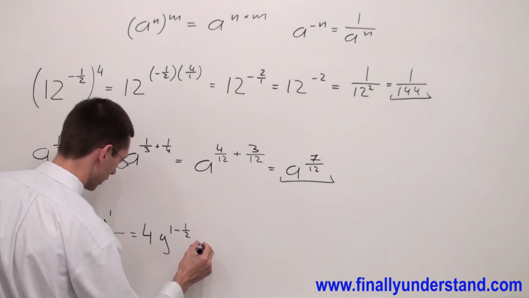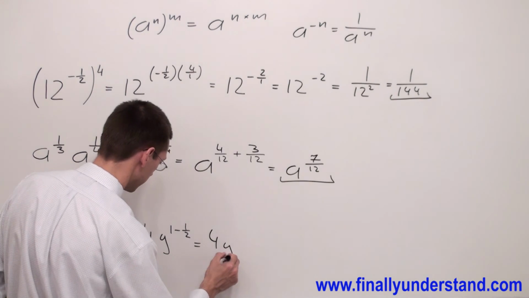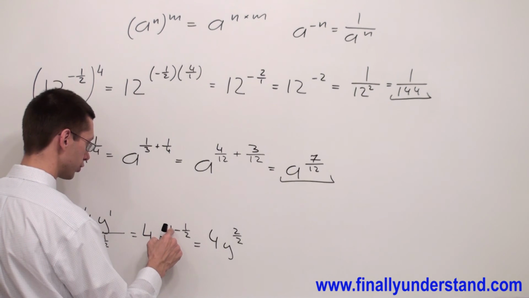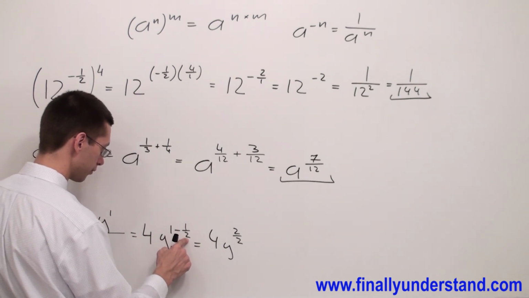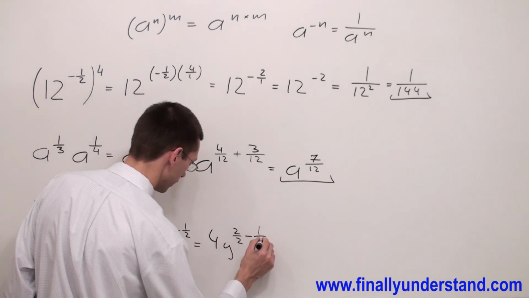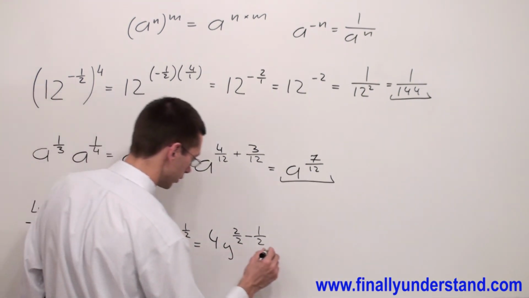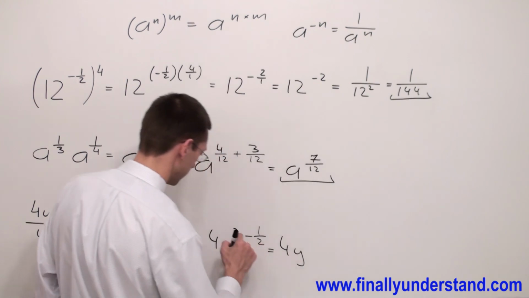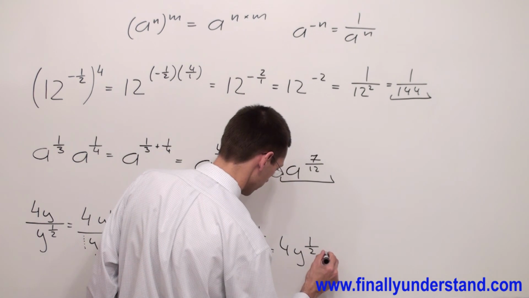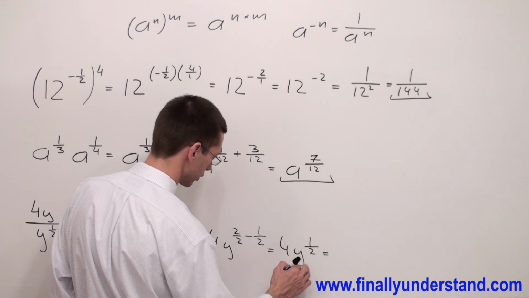This is going to be equal to 4, and I have y to the 2/2 because my denominator is 2. If you want to find a common denominator, this is going to be 2/2 minus 1/2. Next, I copy down 4y, and I have 2 minus 1 is 1/2. So simply, this is the solution to my problem.